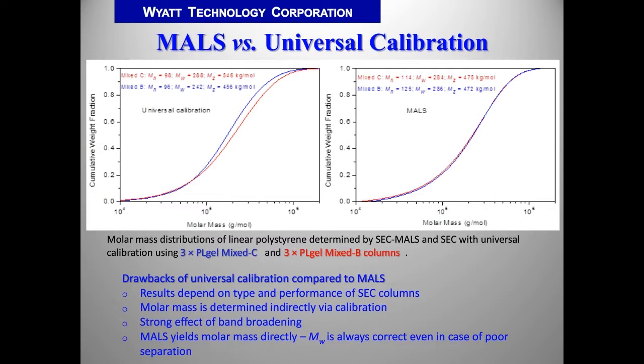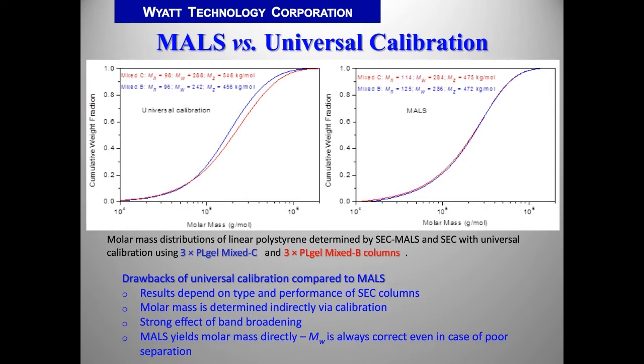So generally, we can say that universal calibration is valid, it works, but the results typically depend on performance and type of SEC columns, because there is a strong effect of band broadening, and the method cannot be considered absolute because there are still standards that are involved. We first have to measure polymer standards, and then we can calculate molar mass.